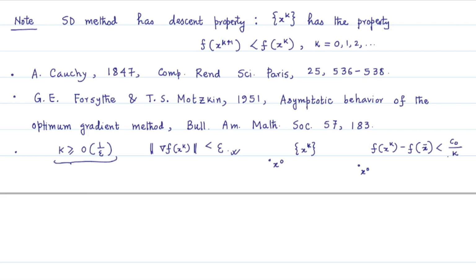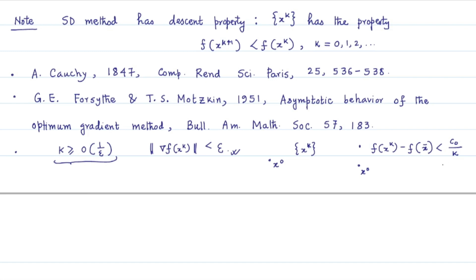This c naught is a constant that depends on the initial point x naught. Hence, at the current iterate, you can estimate how far you are from the minimum point of the objective function f.